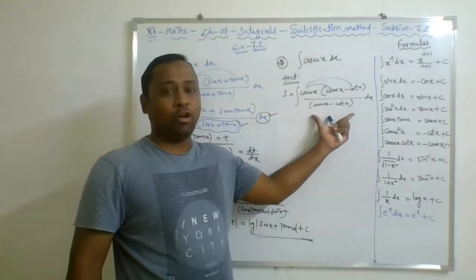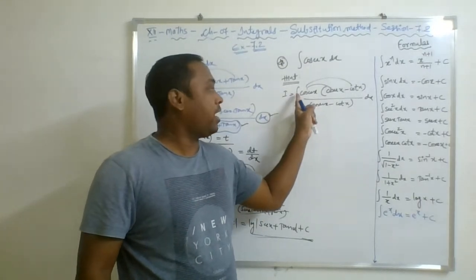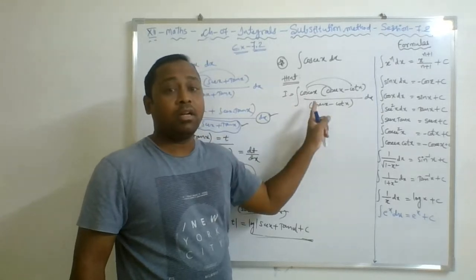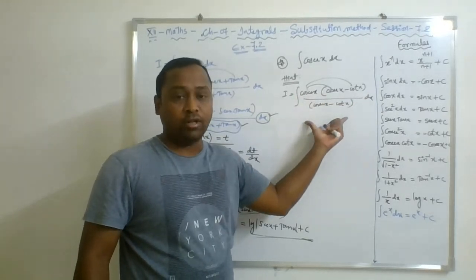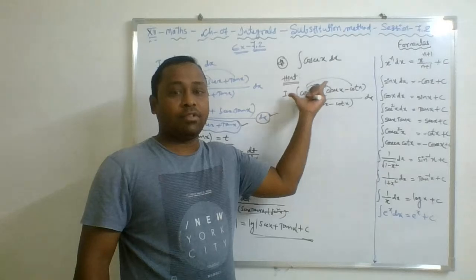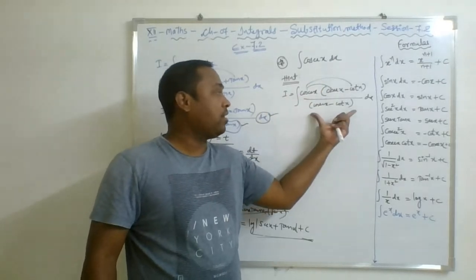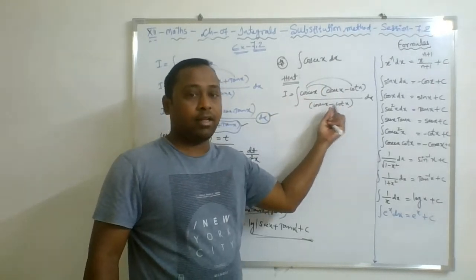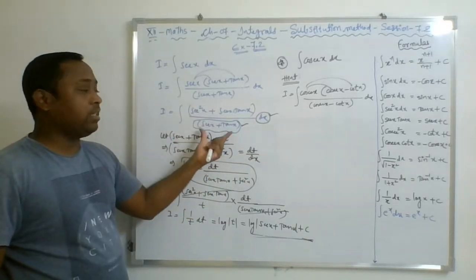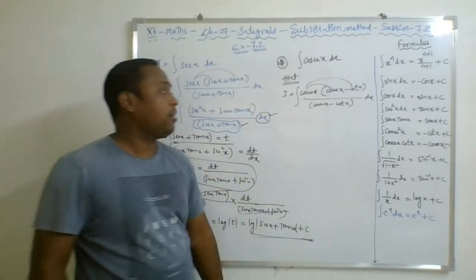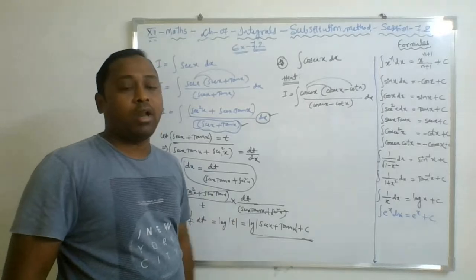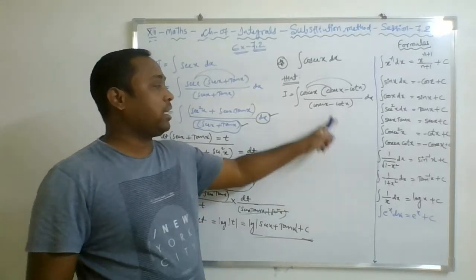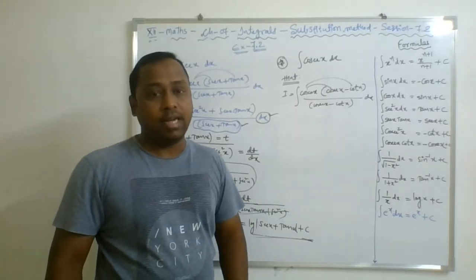Again, in the same way, multiply inside. By assuming the denominator as t, the entire numerator will be the derivative of this function. Its derivative is available, hence take the entire denominator as t as we did in this format. That's it. You are going to get log of cosec x minus cot x as the end answer.